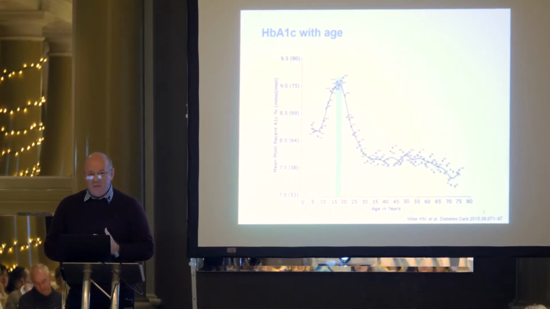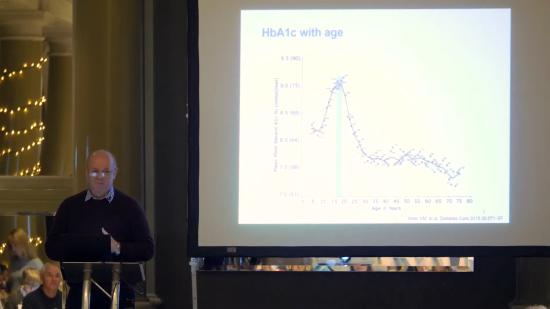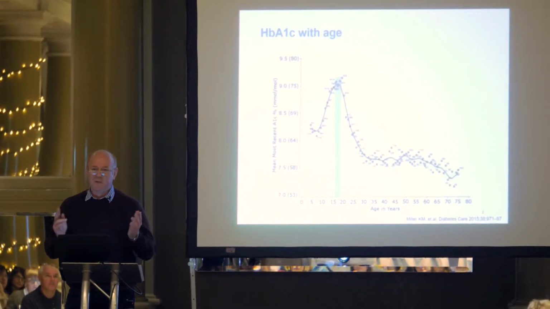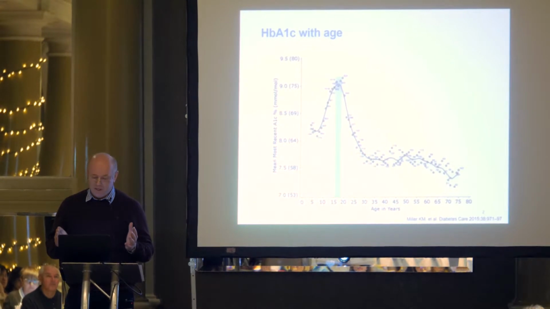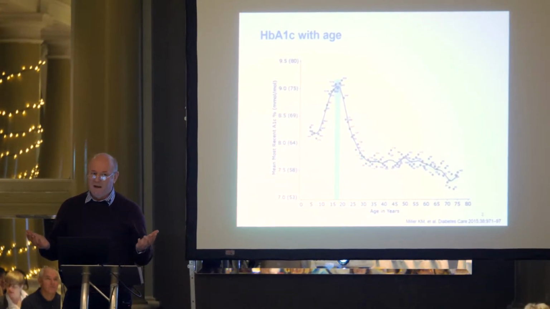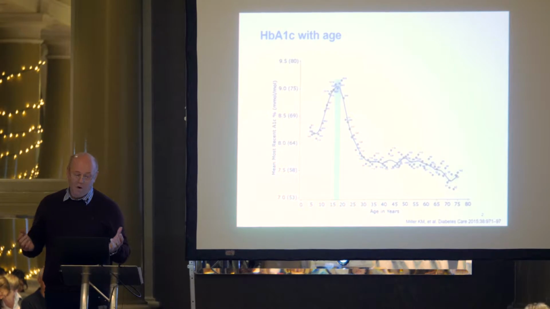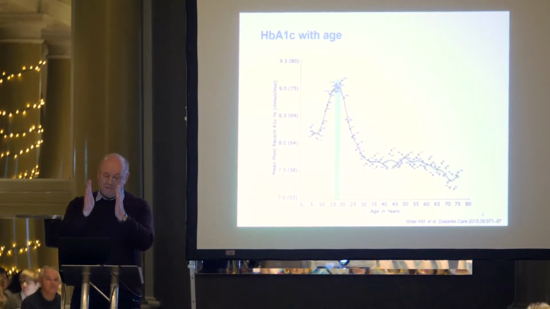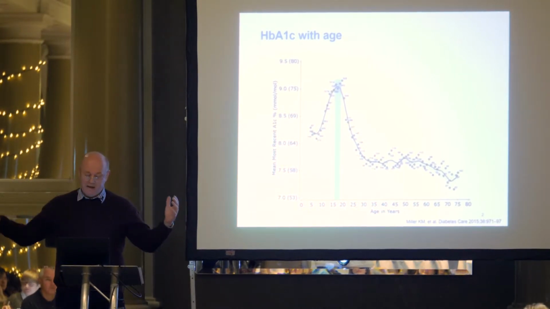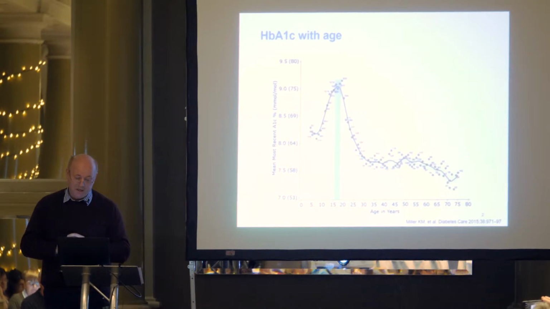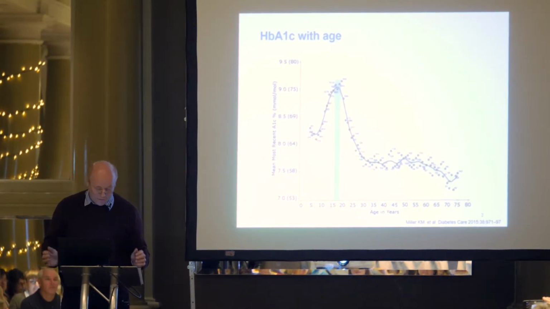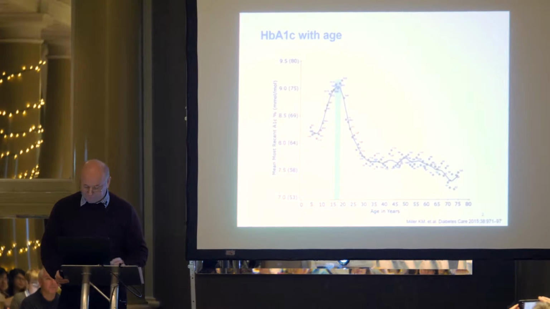So that peak is exactly the time we're transitioning people into adult services. So it's probably the worst time to actually do it, but we do it because that's the way our healthcare systems work. And there is this massive brick wall between paediatric and adults, which we have to try and change into a garden path that you can just walk down seamlessly.